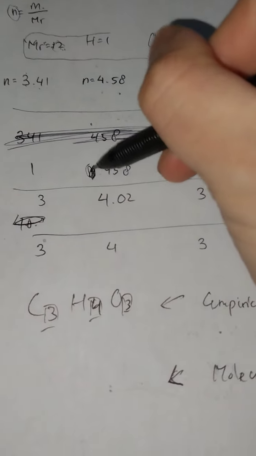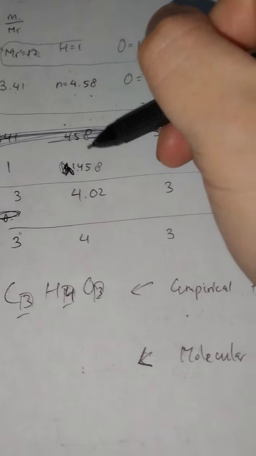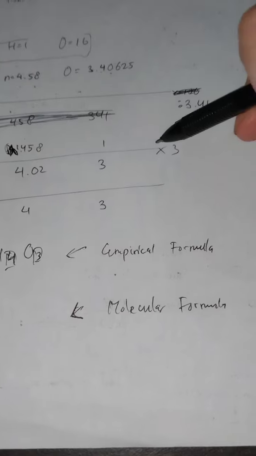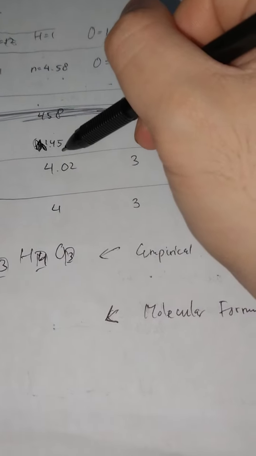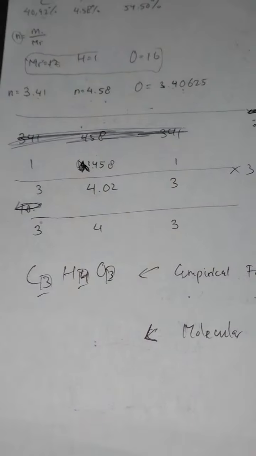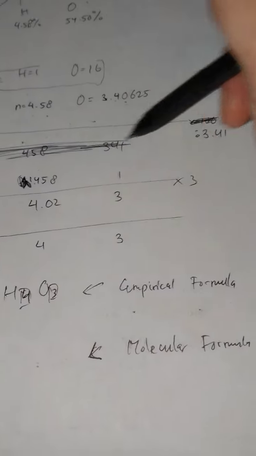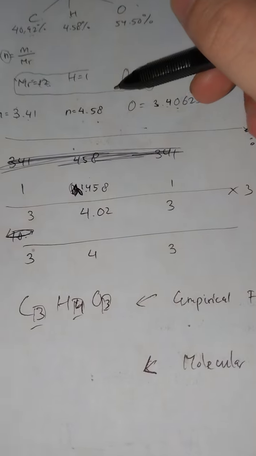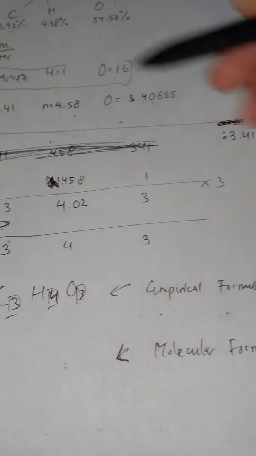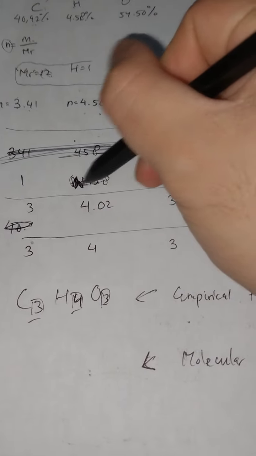Oh, sorry. 1.458. Yeah, correct. Okay. So the moment I times 3 this, I get, wait, what? I guess there's something wrong here. Oh yeah, sorry. I think I wrote this wrong.